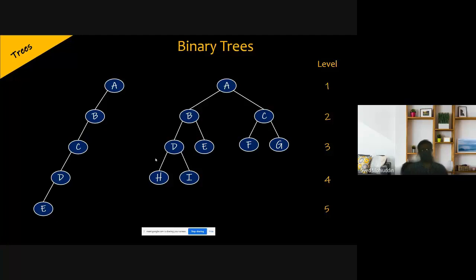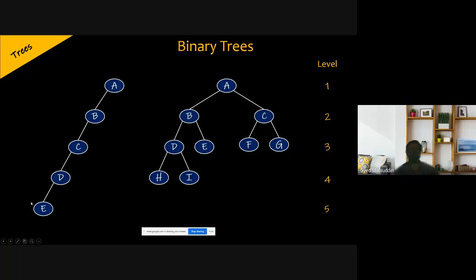At the most two. So in this case, if you look at this larger tree, A has two children, B has two, C also has two, and H, I, E, F, and G are leaf nodes. They don't have any children, so this is a binary tree. And the levels of this binary tree are: A is on the first level, B and C on the second, D, E, F on the third, and H and I on the fourth level.